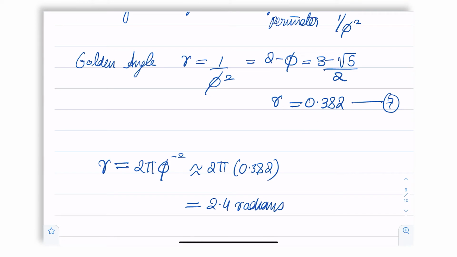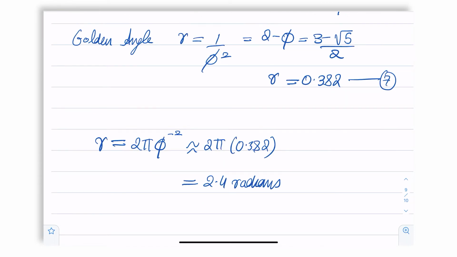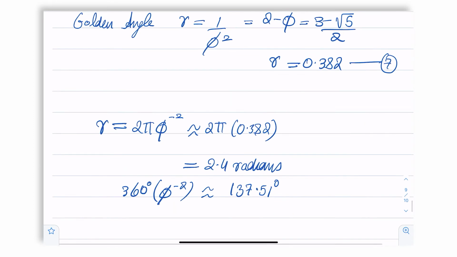So that was just a fraction. We needed to still convert in terms of degrees. It is 60 degrees into root 5 minus 1, which is approximately 137.51 degrees. You could say approximately 138 degrees.